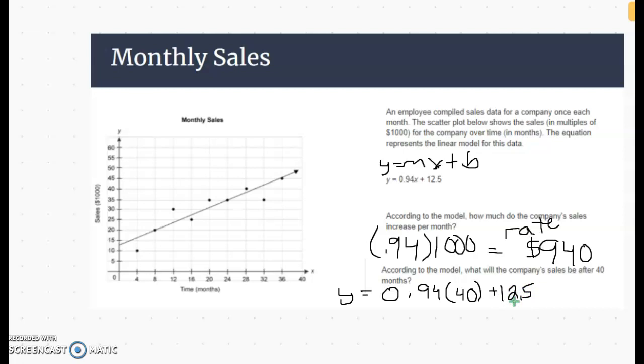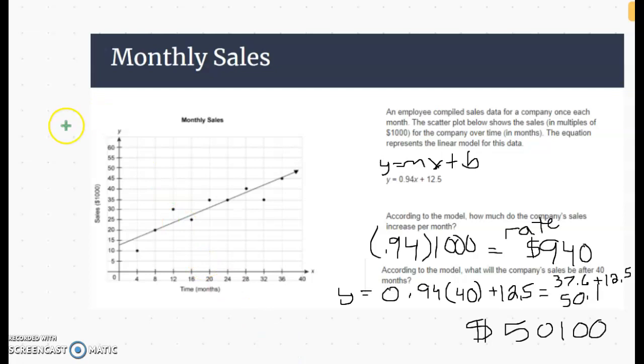Alright, 0.94 times 40 gives us 37.6, and we need to add that to 12.5. That comes out to 50.1, but we are multiplying by 1,000. So at 40 months, the company's sales will be $50,100.